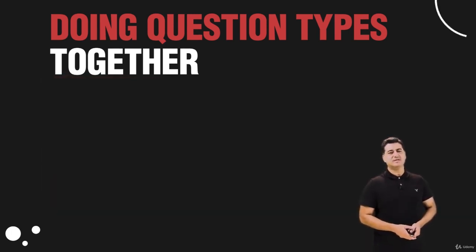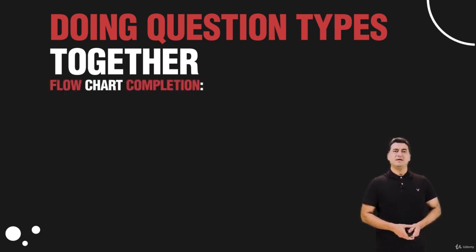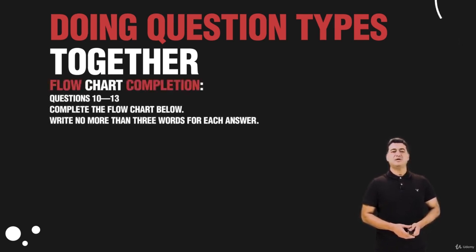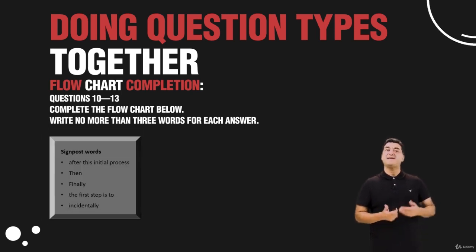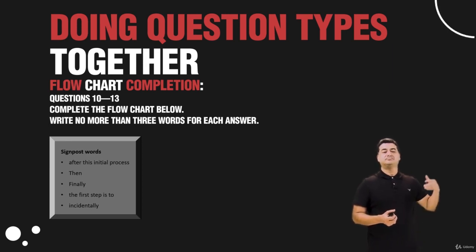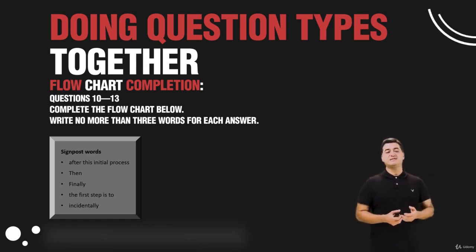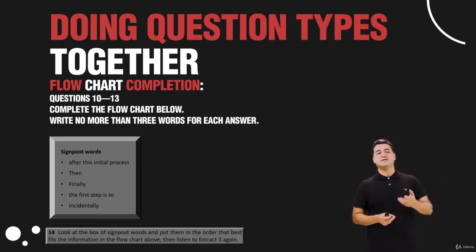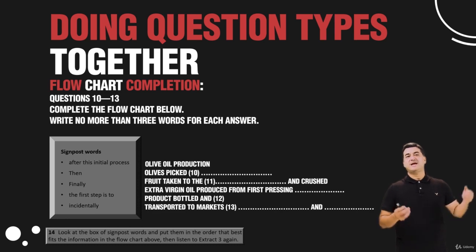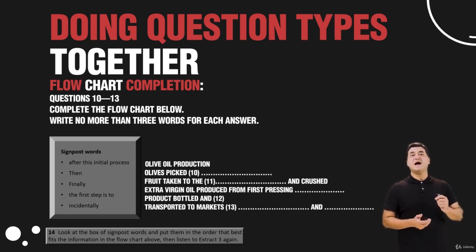Now let's move on to the next question type, which is flowchart completion. Now when it comes to flowchart completion, you have to understand that there are various signpost words that help you. For example, there are words like the first step is to do this, and then after this initial process, and then, and incidentally, and finally. So these words guide you on how to approach the text.